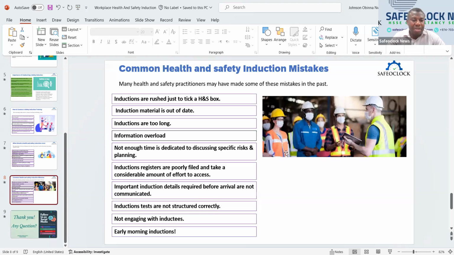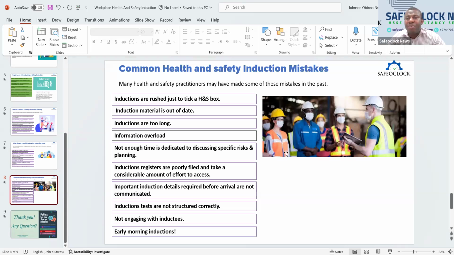One of the other mistakes that we make during the safety induction is that induction registers are poorly filled and take a considerable amount of time to access. Most of our induction records are manually written, and if you want to search whether a person has been inducted, it takes time to keep searching.